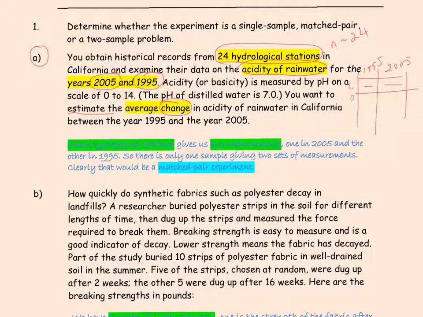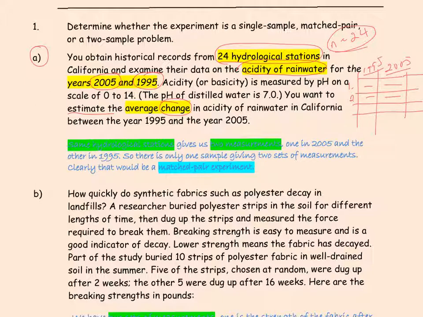We have the second hydrological station, we do the same thing, one number in 1995, another number in 2005. So we have to stop and think about how these quantities are being measured. Now clearly there's just one sample and the sample size is 24, and we are taking two measurements at two different points in time. So clearly this is a matched pair problem.